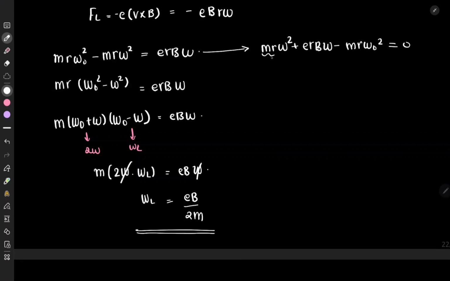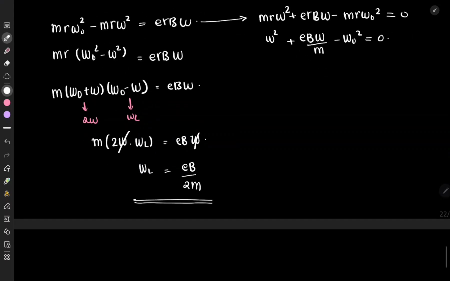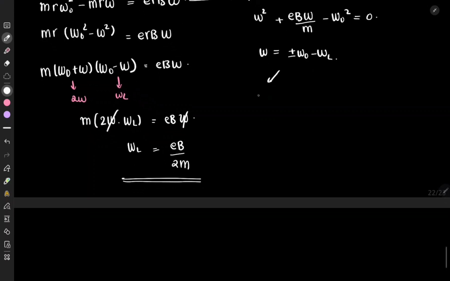Now bring this m r to the division, you will get omega square plus e B omega divided by m minus omega naught square is equal to 0. And the solution to this equation is omega is equal to plus or minus omega naught minus omega L. So the solutions are minus omega naught minus omega L and plus omega naught minus omega L.